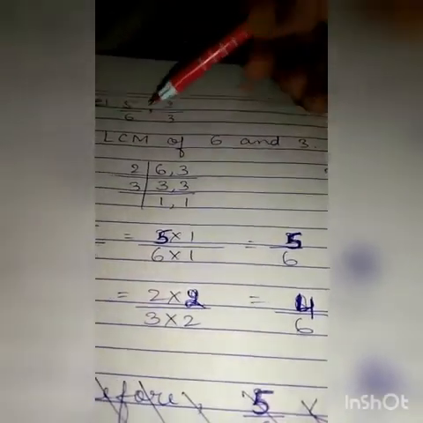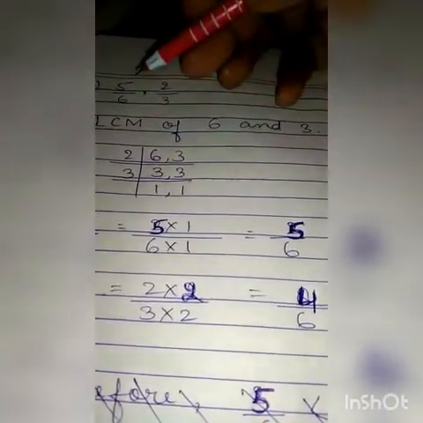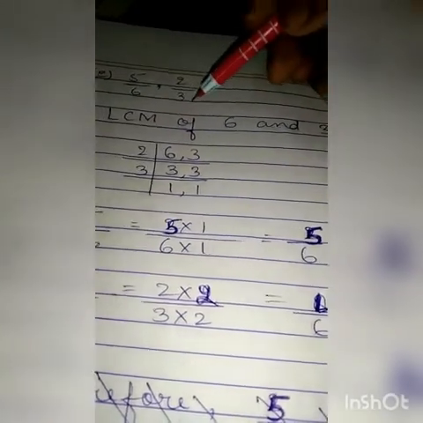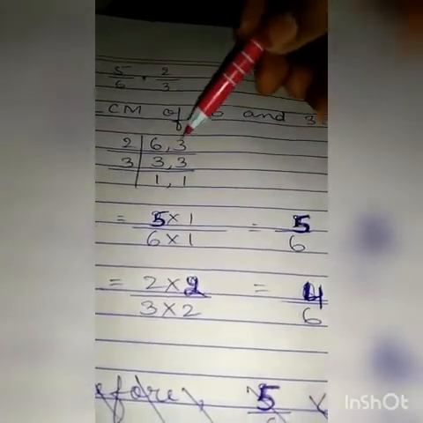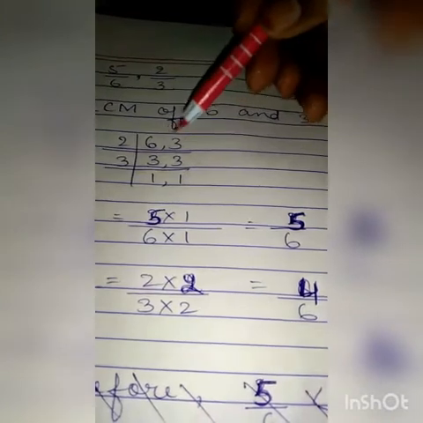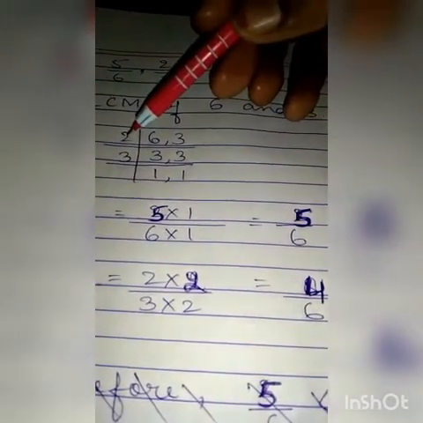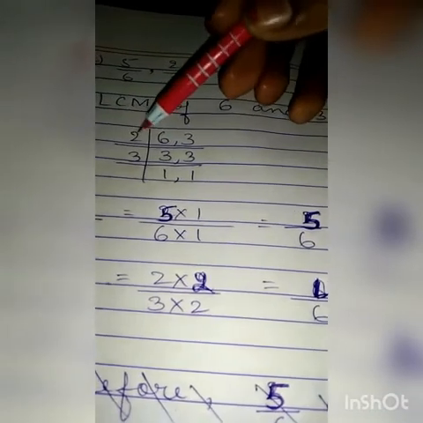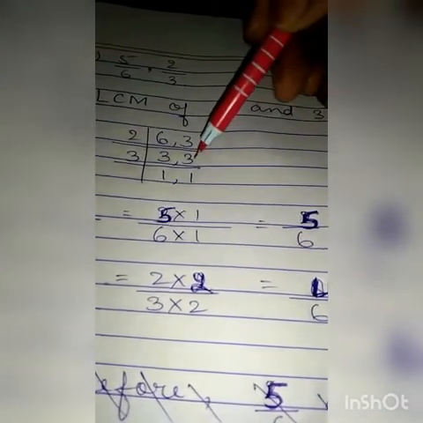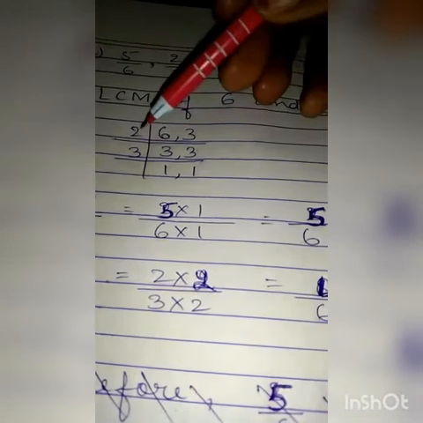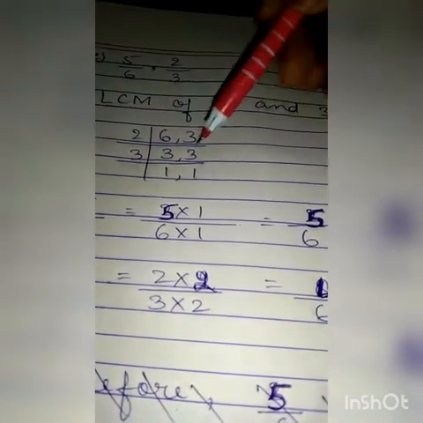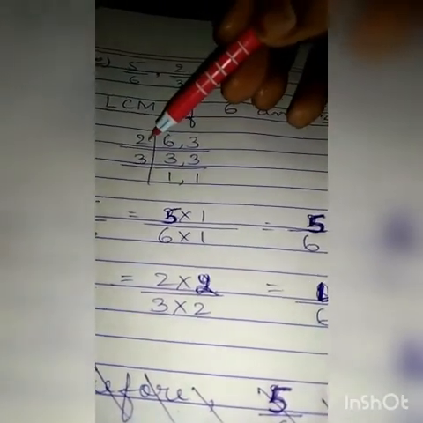Now we have to take out the LCM of 6 and 3. They are the denominators of these given fractions. As you all can see, here I have written 6 and 3. Now we will take out the LCM of it. First we will divide 6 by 2. 2 3s are 6, and 3 we will write here, because 3 is not divisible by 2.